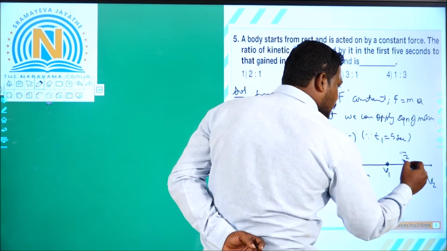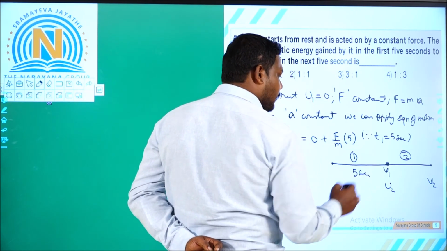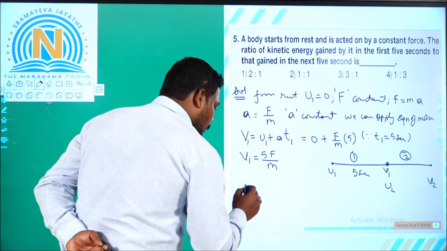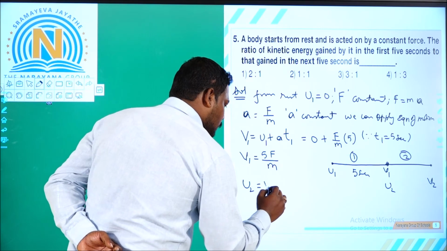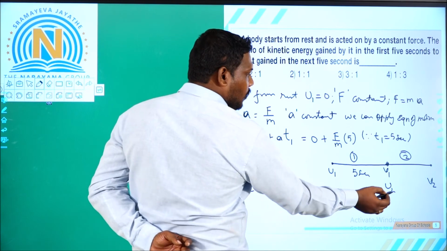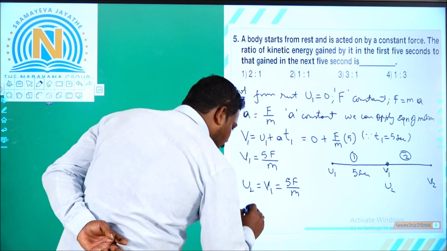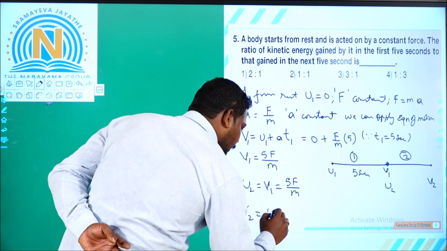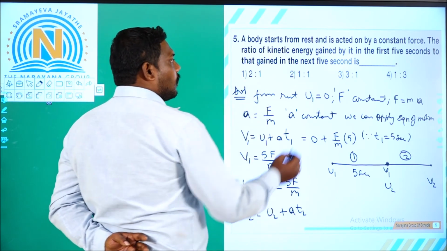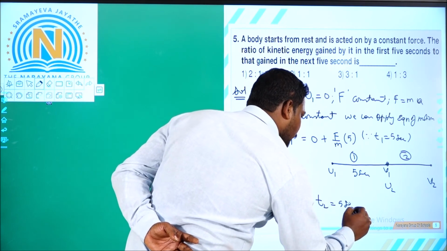For the second instance, let us say u2 is the initial velocity, which is equal to the final velocity of the first instance, so u2 is equal to v1, which is equal to 5f by m. Now we have to find v2, which is equal to u2 plus at2. Now t2 is the next 5 seconds, so here t2 is given as 5 seconds.